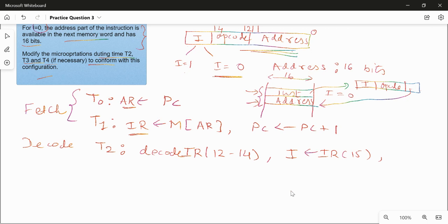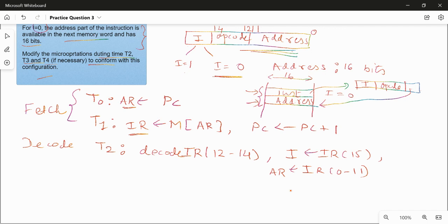Now here we cannot directly write IR of 0 to 11 to AR, because now, as per the updated information, we have to consider the addressing mode first. If I is equal to 1, then some process is required to be followed before transferring the address to AR.